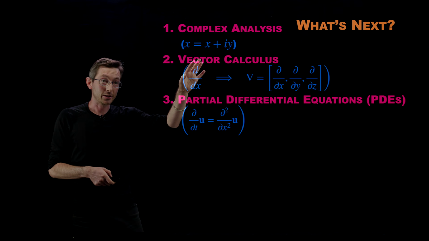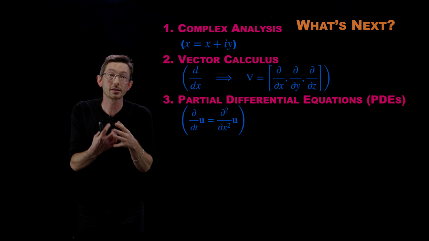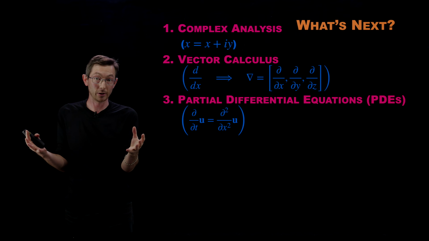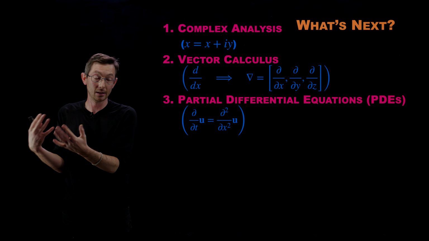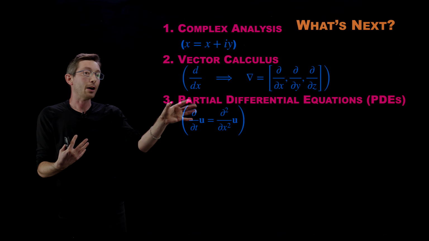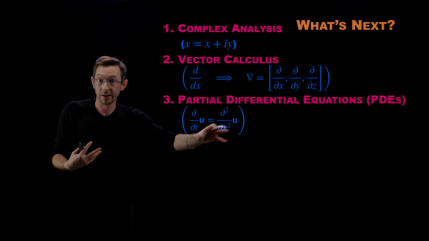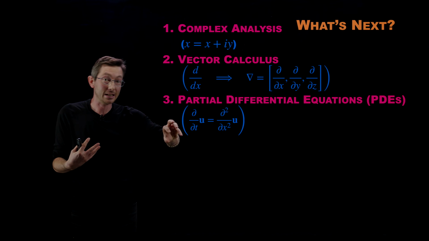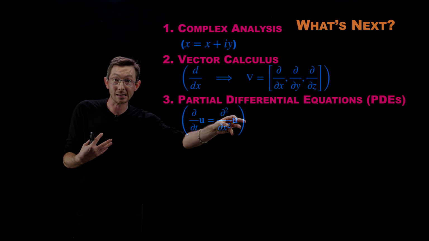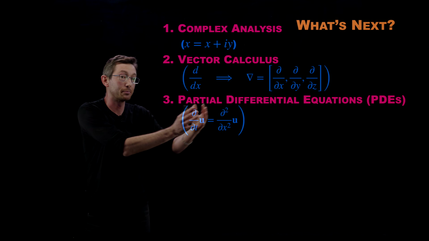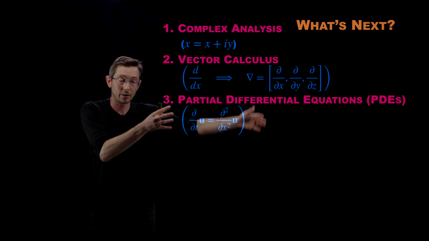We'll introduce vector calculus and partial differential equations, generalizing these ordinary differential equations, which have just a single derivative in terms of the independent variable. Now we're going to look at multiple derivatives of different independent variables. So I can take derivatives of a function in time and in space and relate those. That's what's known as a partial differential equation.